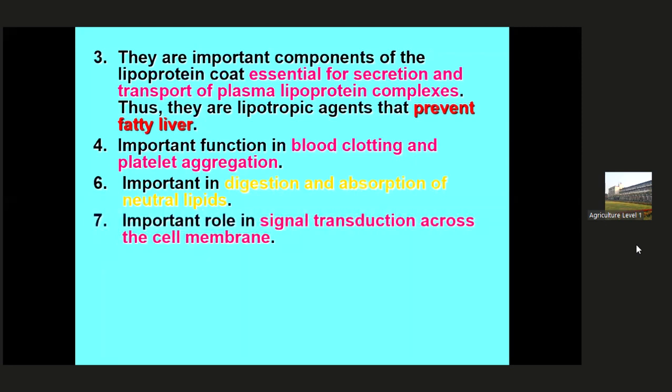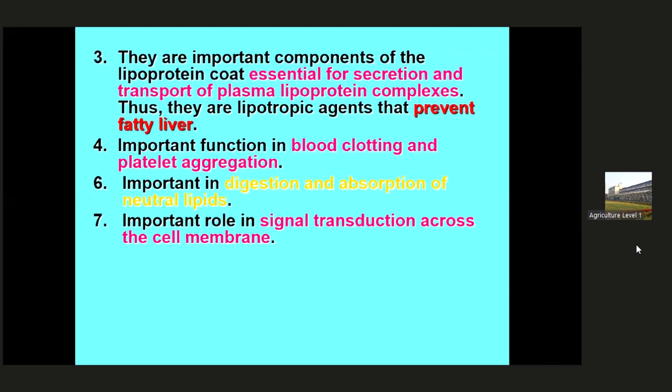They also have an important role in signal transduction across the cell membrane. You know, signal transduction means transmission of a message from one part of your body to another, and it also depends on the phospholipid present in your body. Between the bones, there is a white-like structure, the nerve system, and this nerve system is produced by phospholipid.